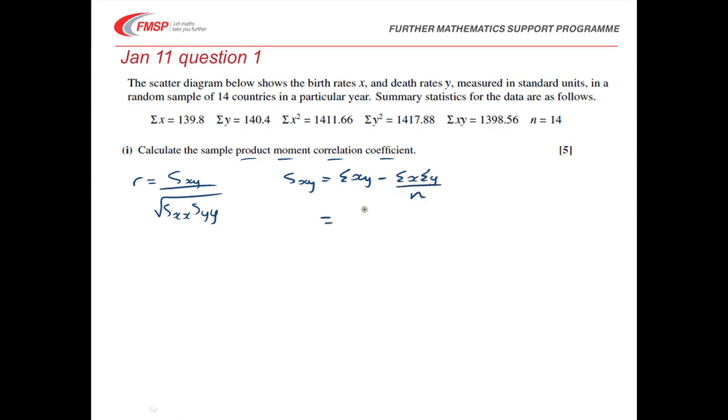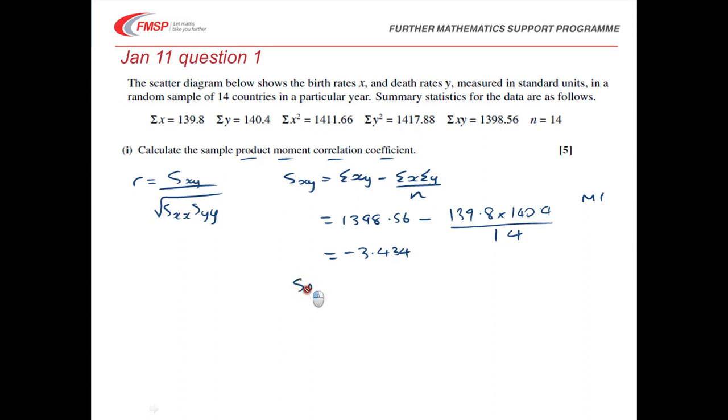So this is going to give me 1398.56 minus 139.8 times 140.4, all divided by 14. Okay, and you're going to get a method mark for this, which is quite nice. If we calculate that, that's going to give me minus 3.434.